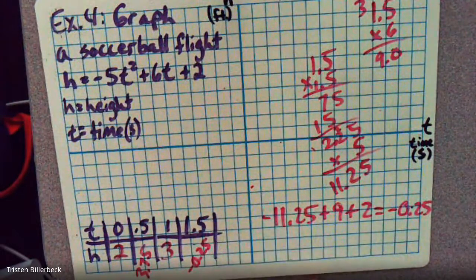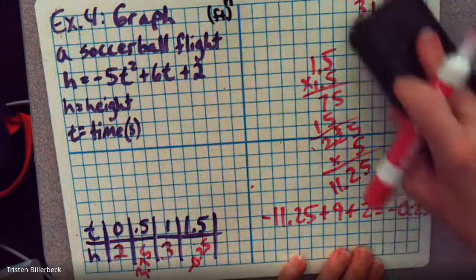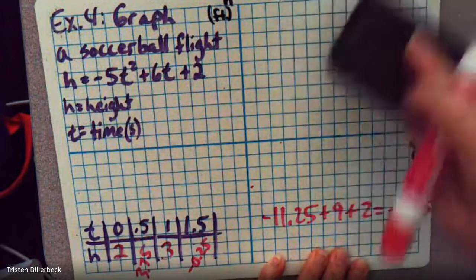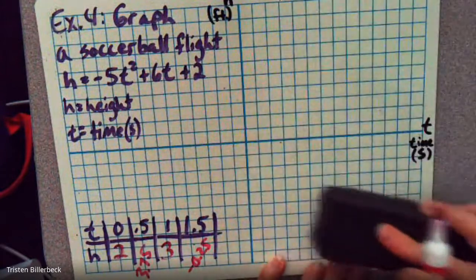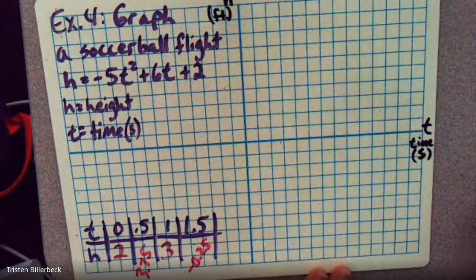Ooh. If this is a real life thing and we just went negative, what does that mean? Can we go negative on the height? What happens when the ball hits the ground? What's the height?